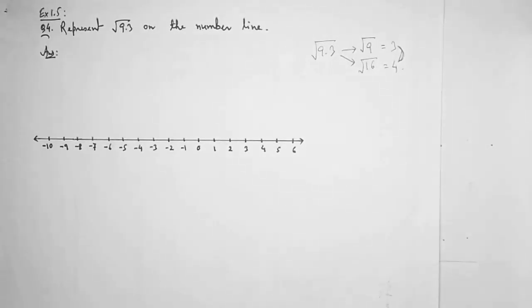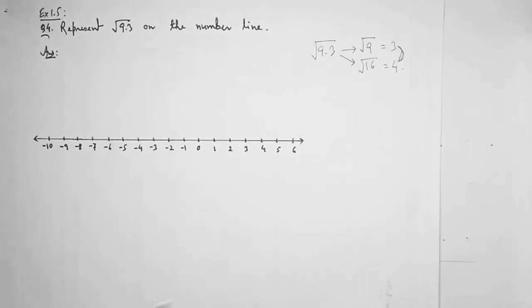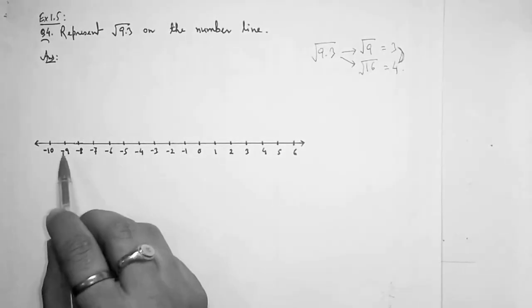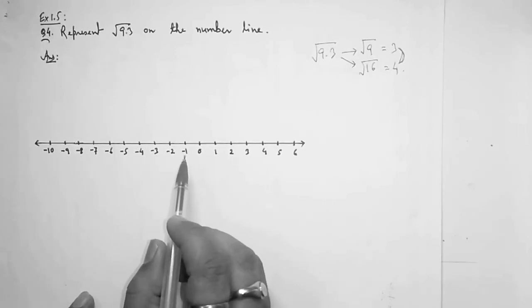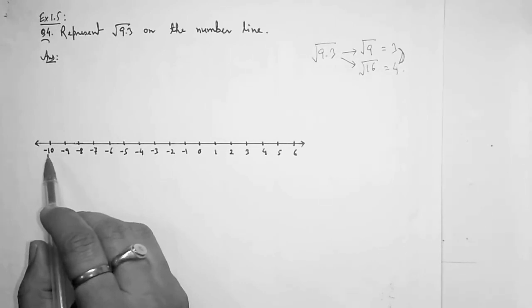To represent square root of 9.3, we first take minus 9.3 on the number line. I am showing how to take minus 9.3 on the number line. This is 0 and this is minus 9. I have already written the numbers: 0, then minus 1, minus 2, minus 3 and so on till minus 10.